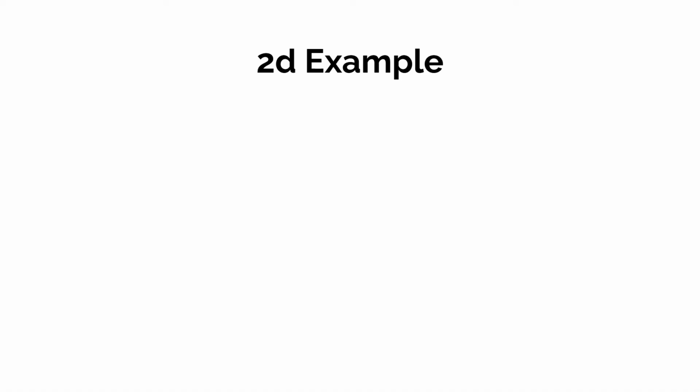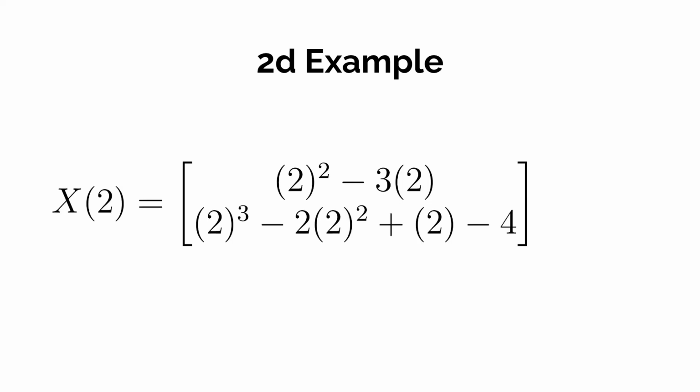As mentioned in the question, we have to find out where on the curve this particle, so to speak, would be. To do this, all we have to do is plug in 2 as our t value, as mentioned earlier, and we get x of 2 equals 2 squared minus 3 times 2 for x, and 2 cubed minus 2 times 2 squared plus 2 minus 4 for y, or we get the point -2, -2.